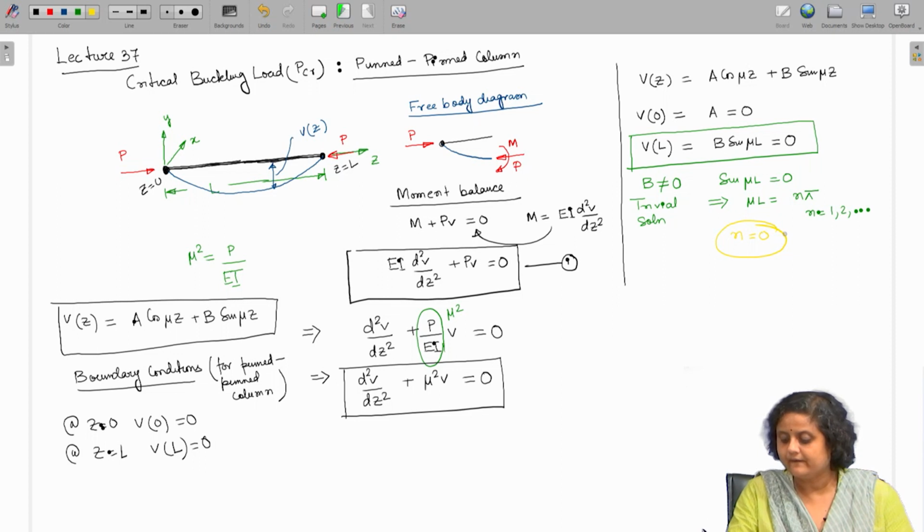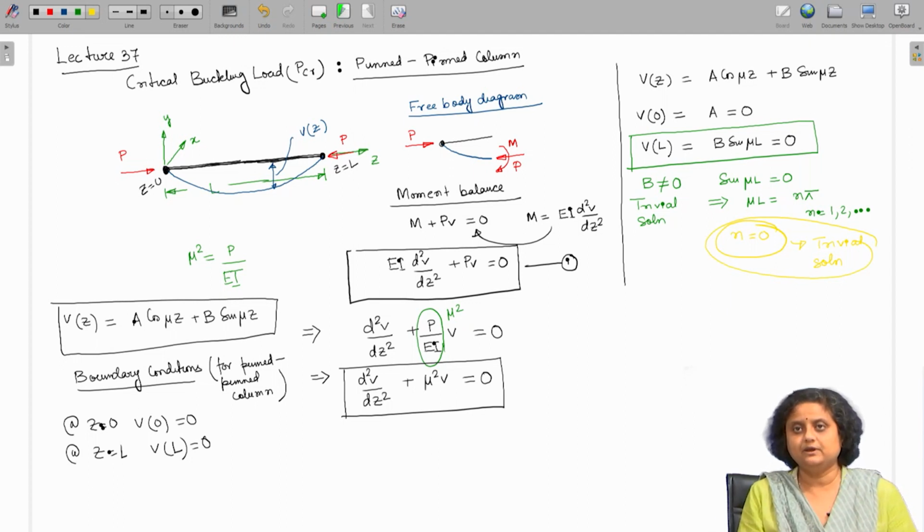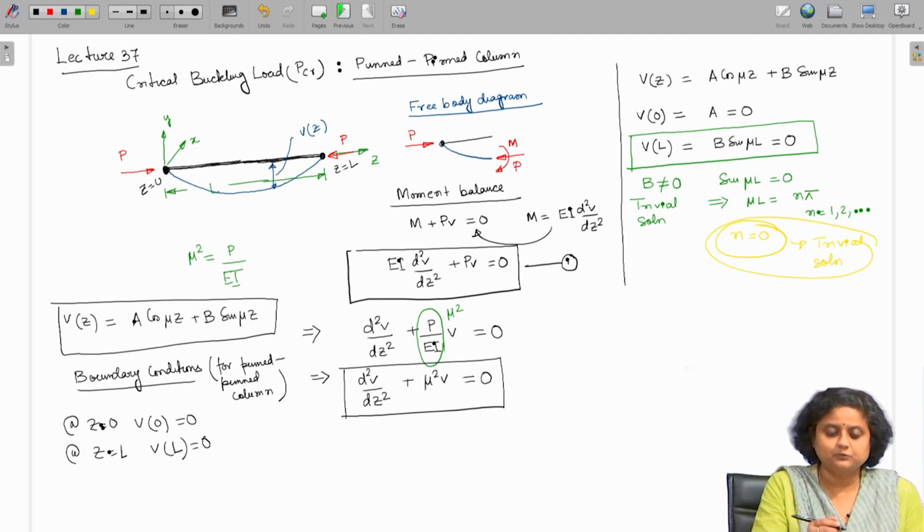So, n equals 0 is also going to give us a trivial solution, which is not acceptable. Therefore, n cannot be equal to 0. So, the acceptable solution is that n equals 1, 2, 3 up to an infinite number of integers.